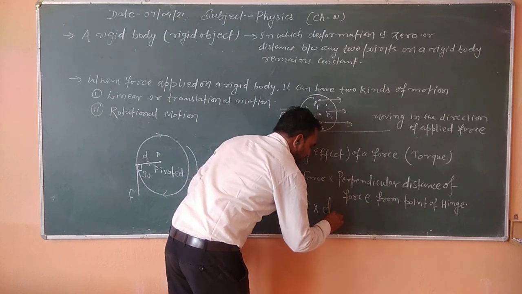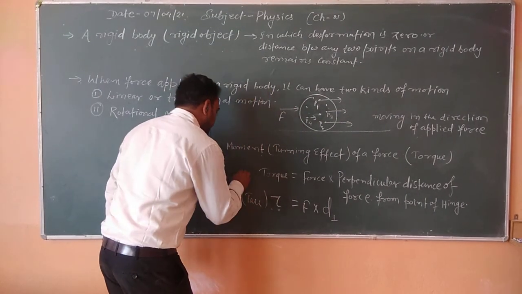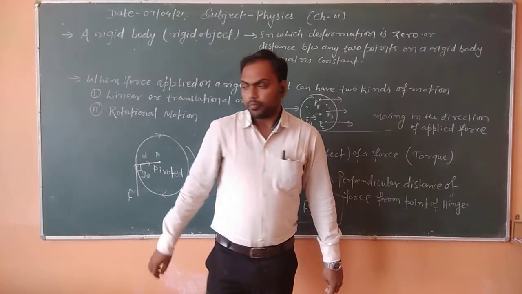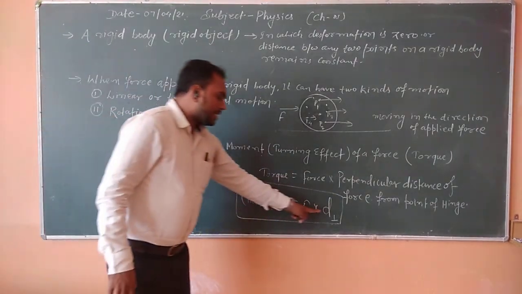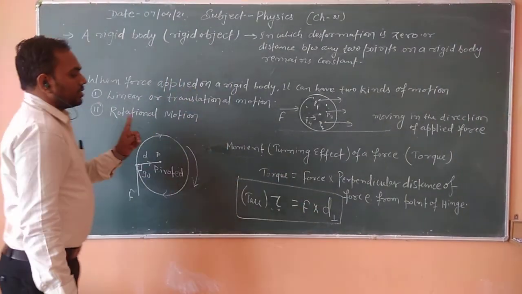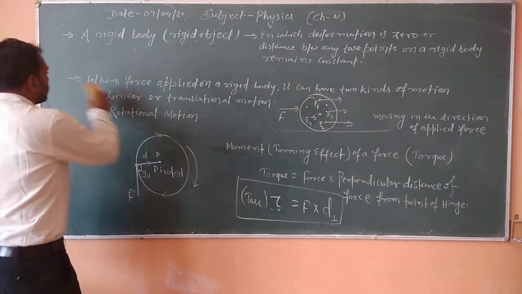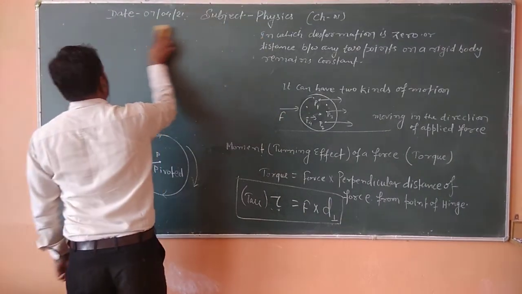It is a vector quantity. Tau is a vector quantity because it is a cross product of distance, or you may say displacement, and force.